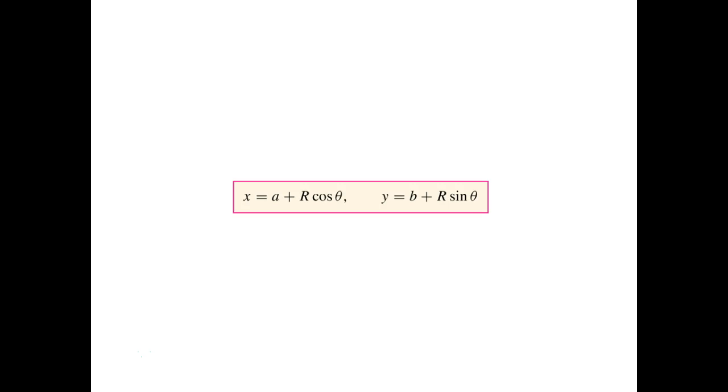A negative a would put you over here, in either the second or third quadrant. A negative b would drop you down to the third or fourth quadrant, depending on what a was. So they can have any sign that you want.